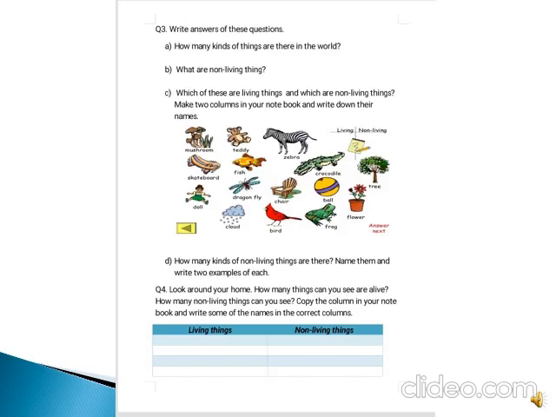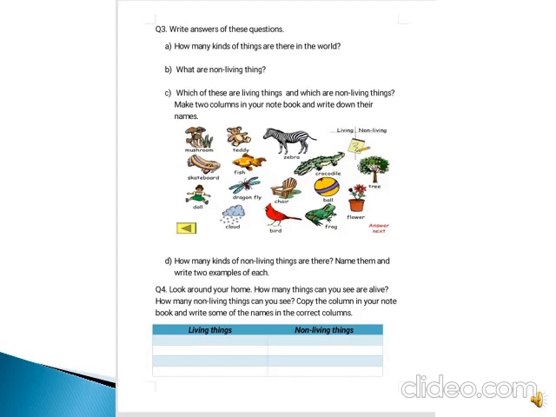Make 2 columns in your notebook and write down their names. You have to look at these pictures and write down the names of the living and non-living things in separate columns. Question D is, how many kinds of non-living things are there? Name them and write 2 examples of each.